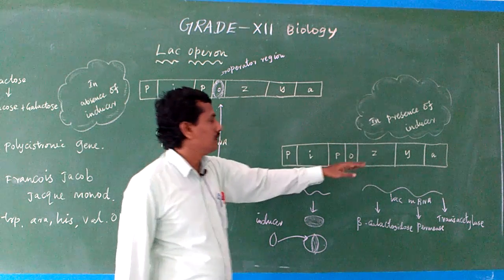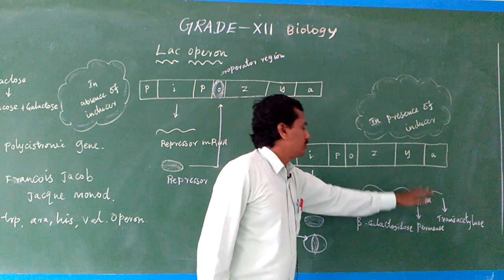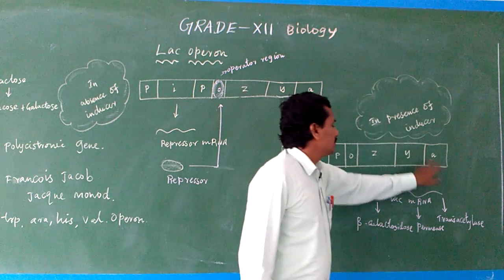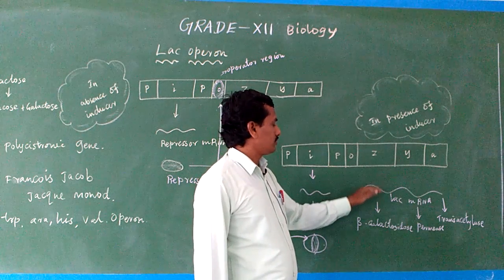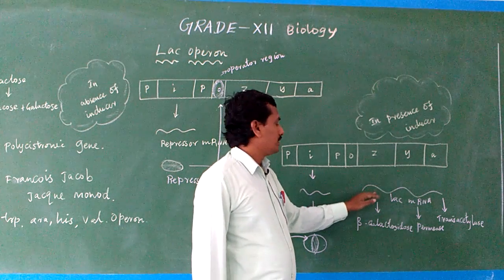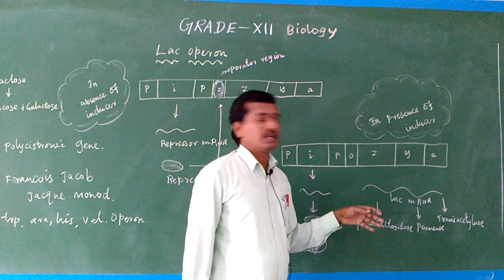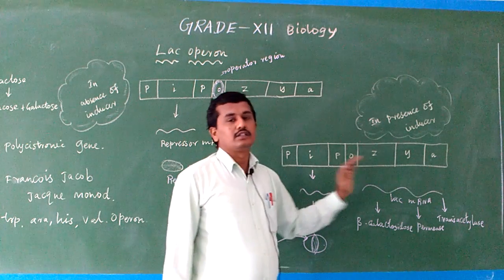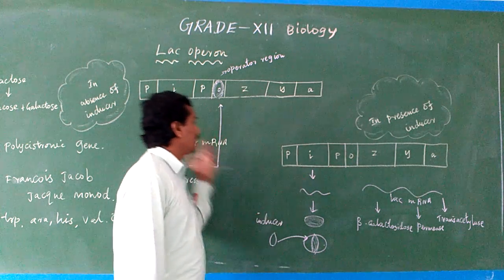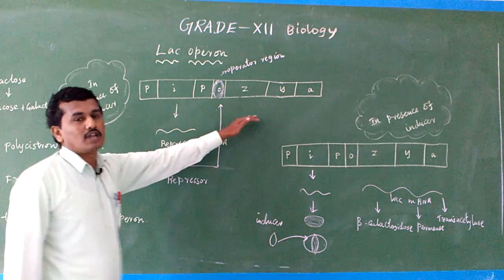The Z gene produces the mRNA, the Y gene also produces the mRNA, the A gene also produces the mRNA. After transcription the Z gene's mRNA is produced. That is the lac mRNA, the lactose operon mRNA. So it is because the inducer lactose came here that this transcription has happened. If the lactose inducer does not come here, that is, if lactose inducer is not present, then transcription does not take place.